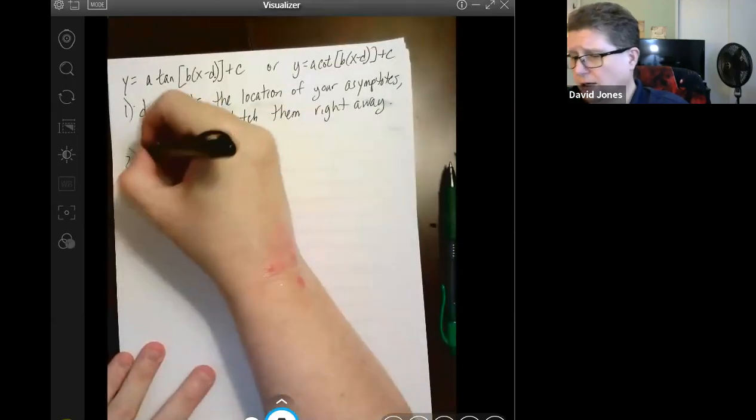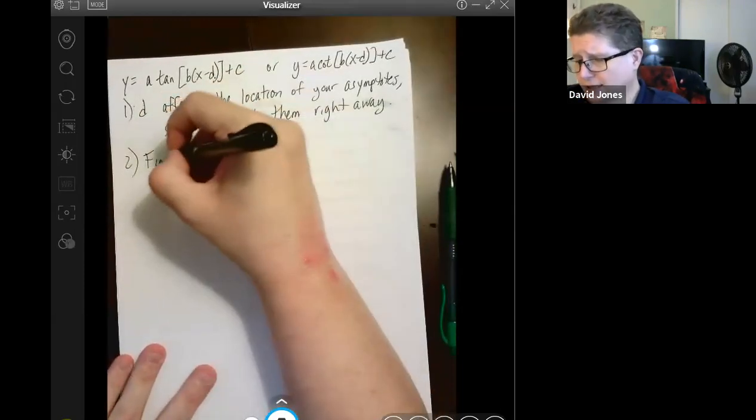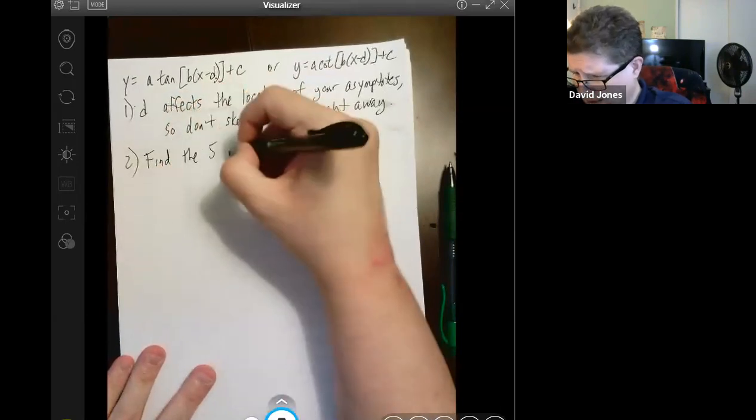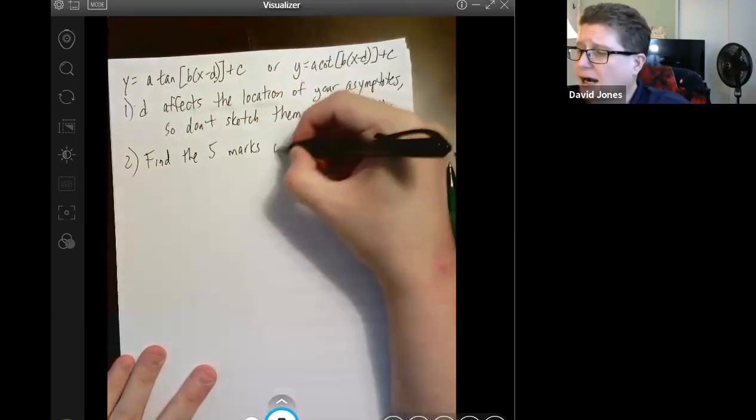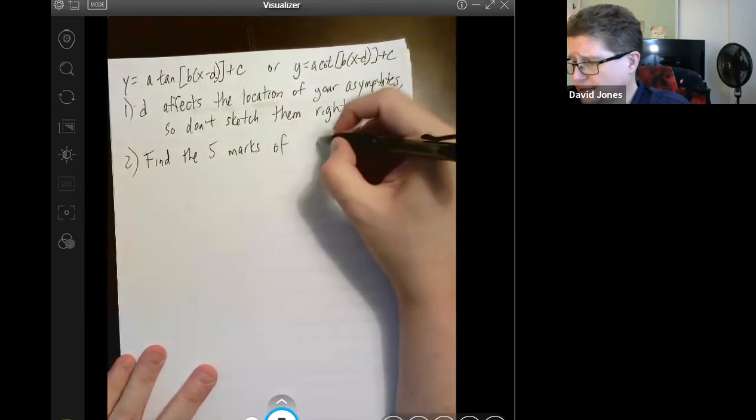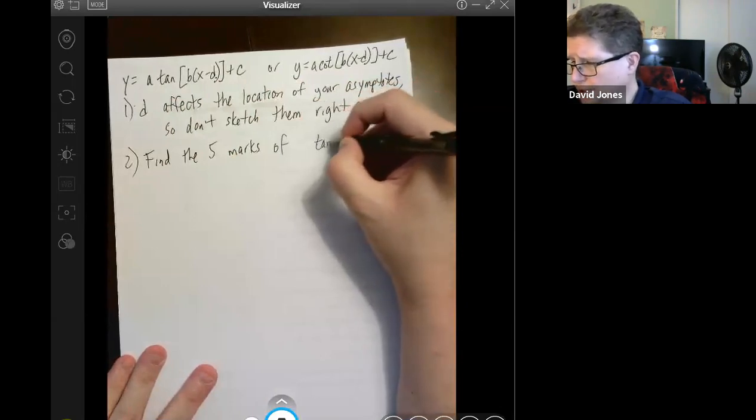Step 2: Find the 5 marks of tangent Bx or cotangent Bx.